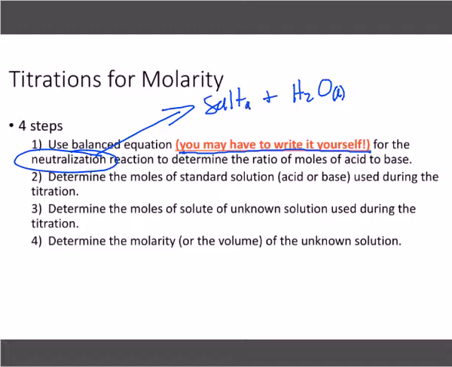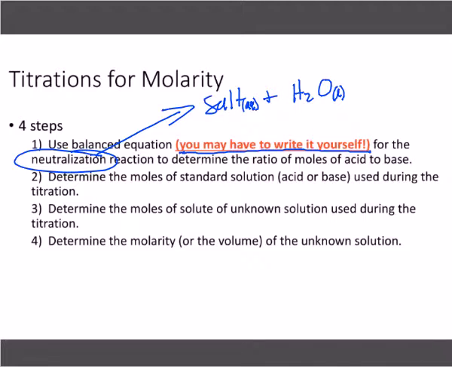Aqueous. The salt, guys, is going to be aqueous because we said that group 1 and 2 salts are always aqueous. I would not give you a salt of like a transition though. Right? It just doesn't happen that way very often. All right, so that's step 1 is know your reaction.